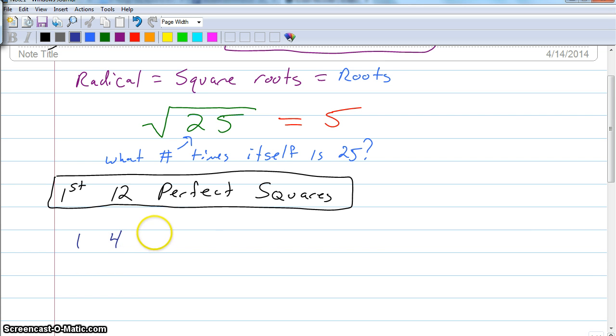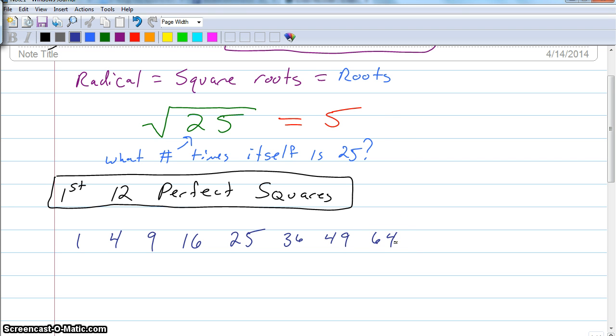The next perfect square is 9, 16, 25. Do you think you know the next 3? Go ahead and press pause if you think you know it. Otherwise, stay tuned. The next 3 are 36, 49, and 64.